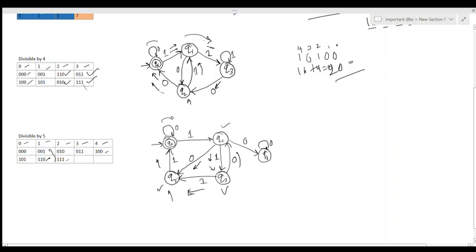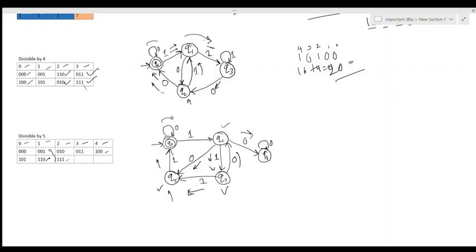For remainder 4 start with 1, reach Q1, and taking transition 0 from Q1 will reach state Q4, and taking any self transition we fill the remaining zeros, so reach Q4.